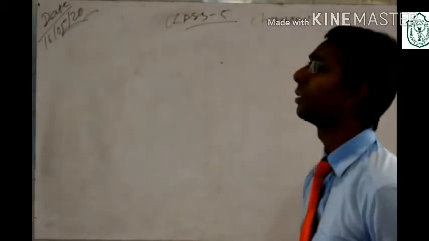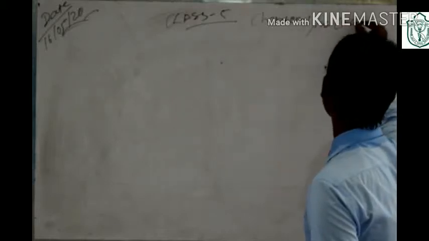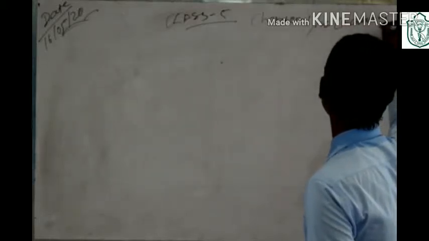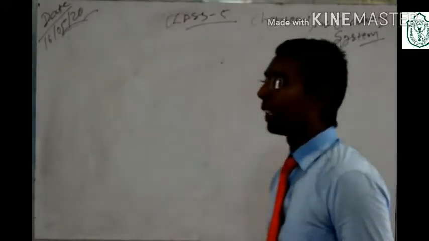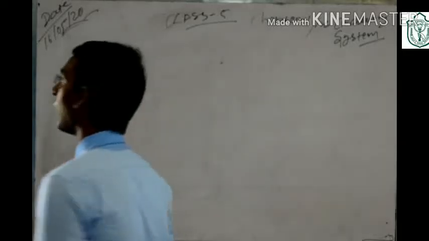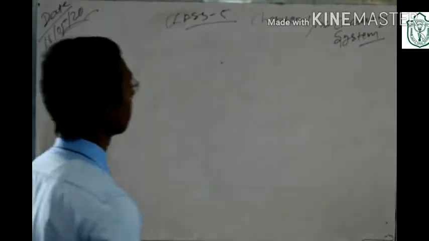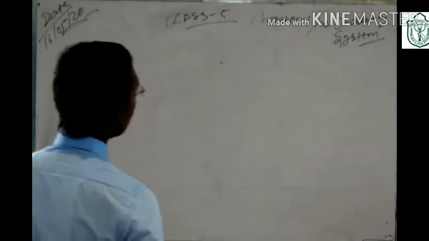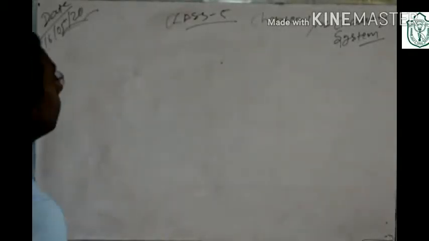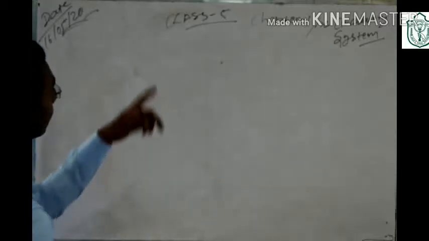The name of the chapter is the circulatory system. As you watched, I made some videos related to this topic and this chapter, in which I made you understand how our blood moves throughout the body, and the process is known as the circulatory system.